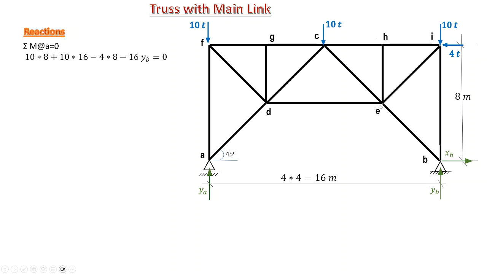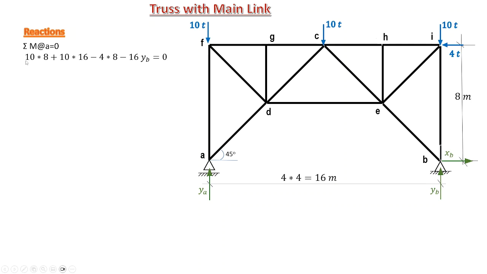Taking sigma moments about A equals 0, of course the blue forces are the external forces, the green forces are our reactions, and dimensions are shown on the truss.